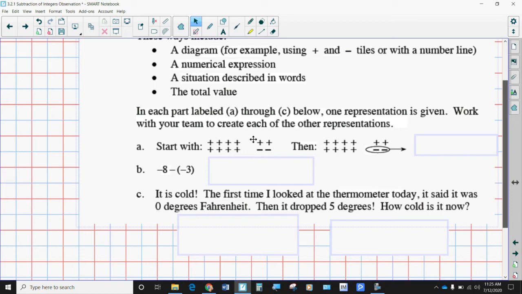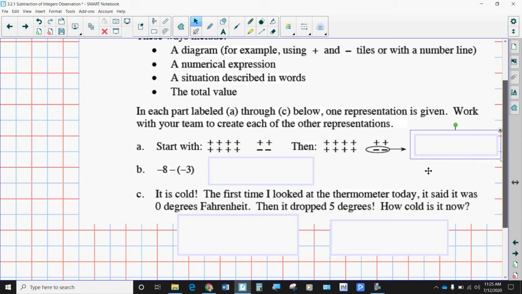For A, does everyone agree that we're starting with 8 here? Because you've got 1, 2, 3, 4, 5, 6, 7, 8 positives, and these 2 zero pairs don't change the value of anything. So this is 8. But then what did we take away? Circling this and pointing the arrow implies that this is the amount that's going away.